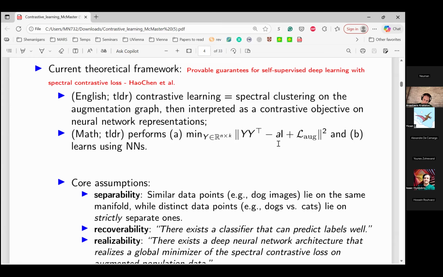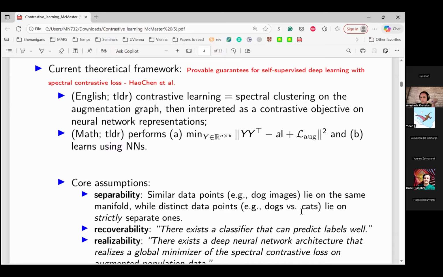So this process is basically telling you that you would like to find the first k eigenvectors of the augmentation graph Laplacian. Okay, so let me just check back with you. Is it so far okay, or should I slow down a little bit?